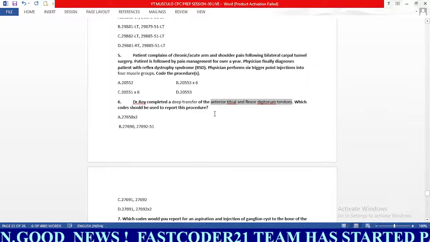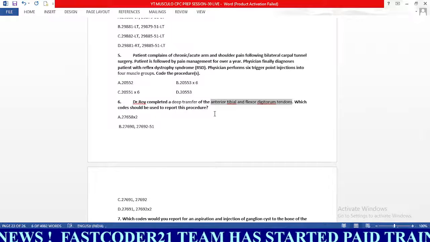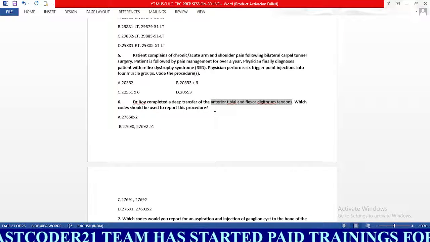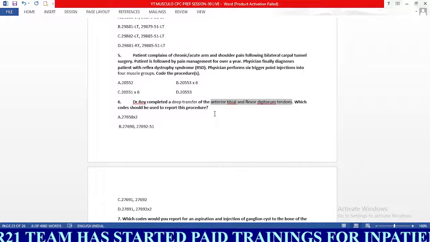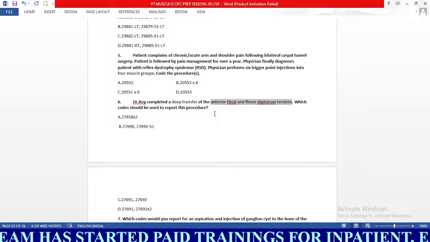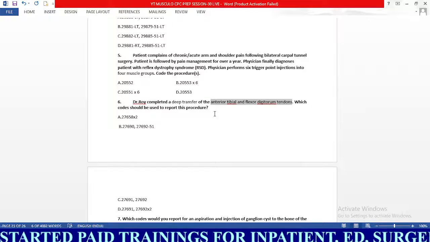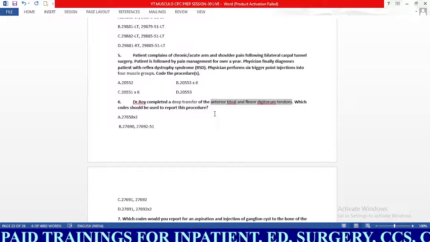So first we will check 27658. So what is 27658? Repair, revision and reconstruction procedures on the leg and ankle joint. So which is wrong here? Basically the physician has performed the transfer of tendon, not repair or revision or reconstruction. So we can eliminate 27658.